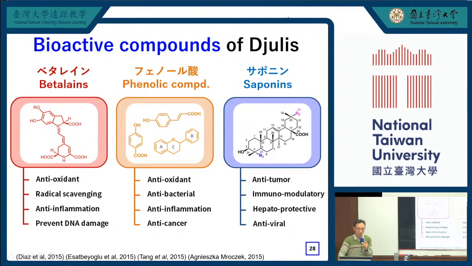The first is water soluble: the beta-cyanins. The other is phenolic compounds, which have mild polarity. And this one is very high polarity, called saponins. They have many bioactive effects. So how could we identify these bioactive compounds in Julius?